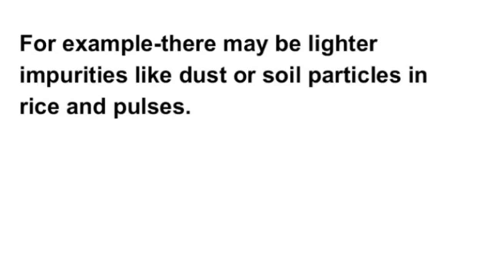So how can we remove these types of impurity? We can separate the stones from rice and pulses, means the larger impurities, by hand picking. But how can we remove the lighter impurities like dust or soil in rice and pulses?